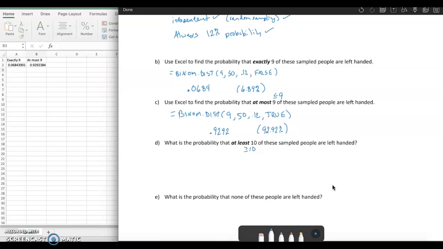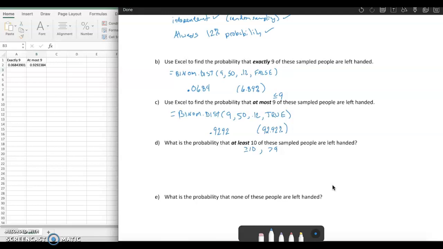Basically, you have to do a complement rule. So the other way to think of at least 10, because we're talking discrete, if you are greater than or equal to 10, that's the same thing as saying greater than 9. If I'm bigger than 9, then that means I'm 10 or more, because we're not counting any of the decimals between 9 and 10. So those are two different ways to say that.